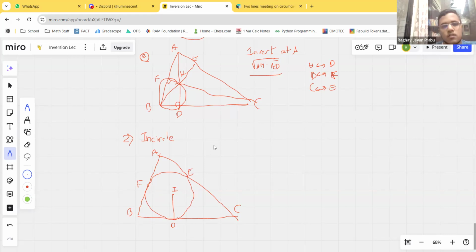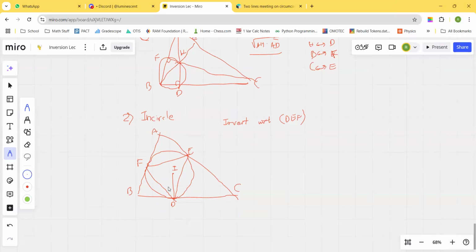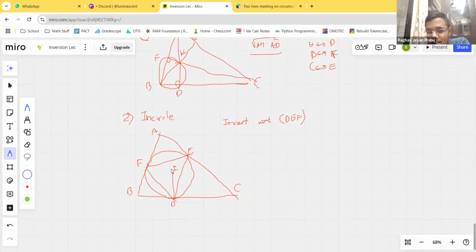If I invert with respect to the incircle, where do you think A, B, C will land up? I'll wait for 1 minute and then I'll give you a hint. Would they land on the sides of triangle DEF? Okay, correct. Why?